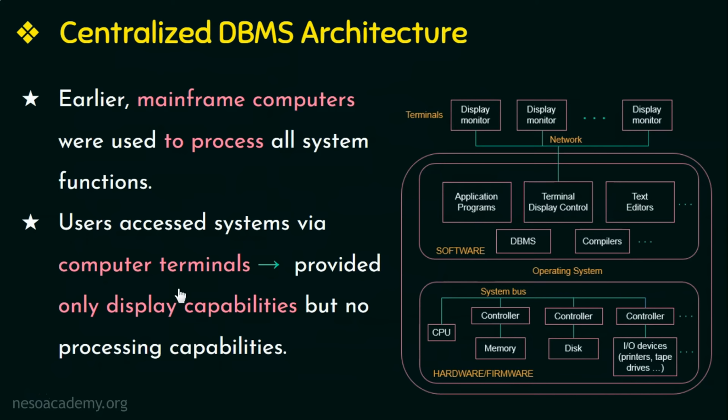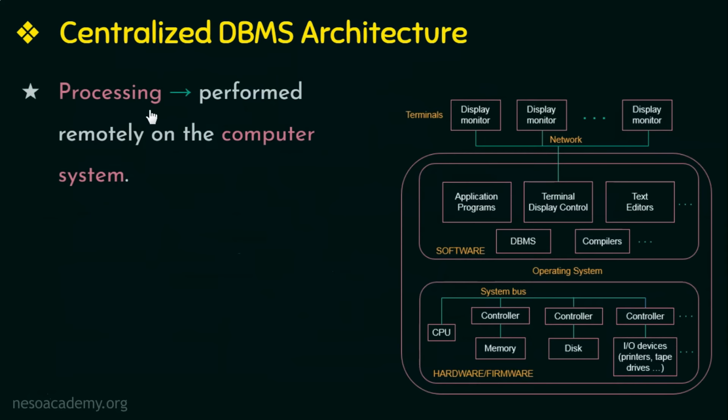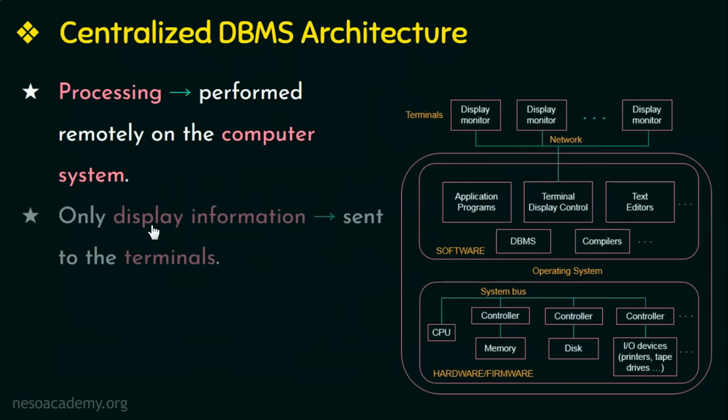That is, the computer terminals used by the users were not capable of processing, but only capable of displaying information to the user. So all the processing was performed remotely on the computer system, and only the display information was sent to the computer terminals. And these terminals were connected to the computer system via a network.